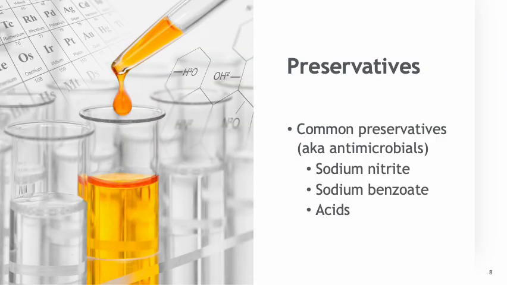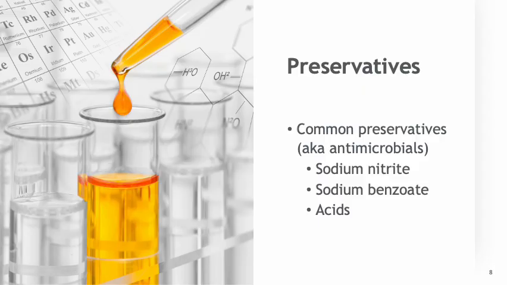So let's start with the first ones, which are preservatives. Preservatives are sometimes called antimicrobials, and their main purpose is to extend shelf life and to prevent the growth of microorganisms. Some examples are sodium nitrite, sodium benzoate, and acids.